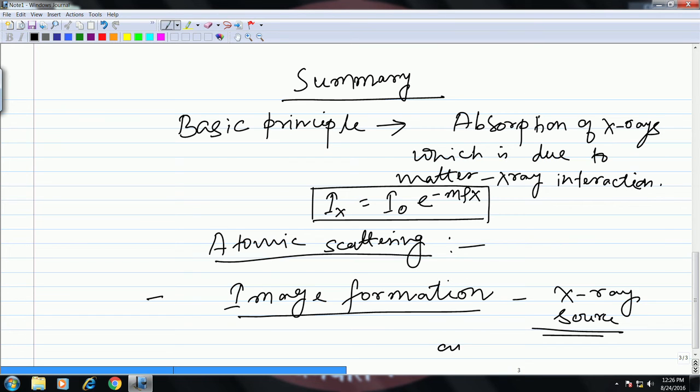And the other thing that you need for capturing the radiographic image is the X-ray film. And we have discussed in detail about the X-ray film, its construction and its constituents, how it is made and what is the main constituent in these X-ray films.